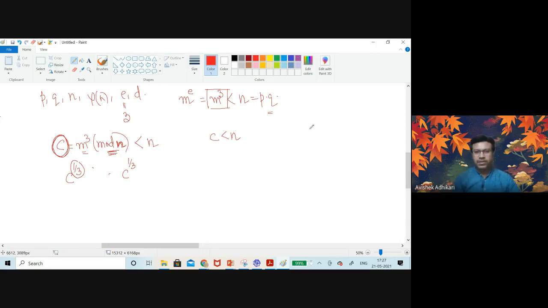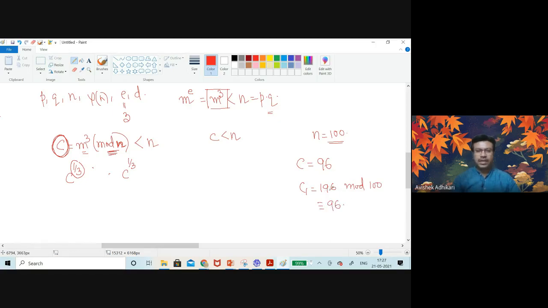For example, suppose you are considering n equal to, say, 100. Okay, and in that case, what is happening? Suppose your C value is 96 and another C1 value is 196. In case of modulo 100, both of them are the same.